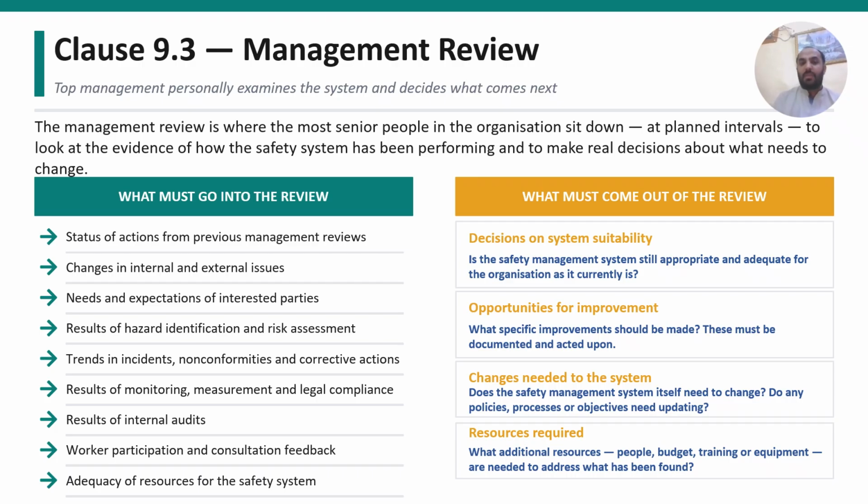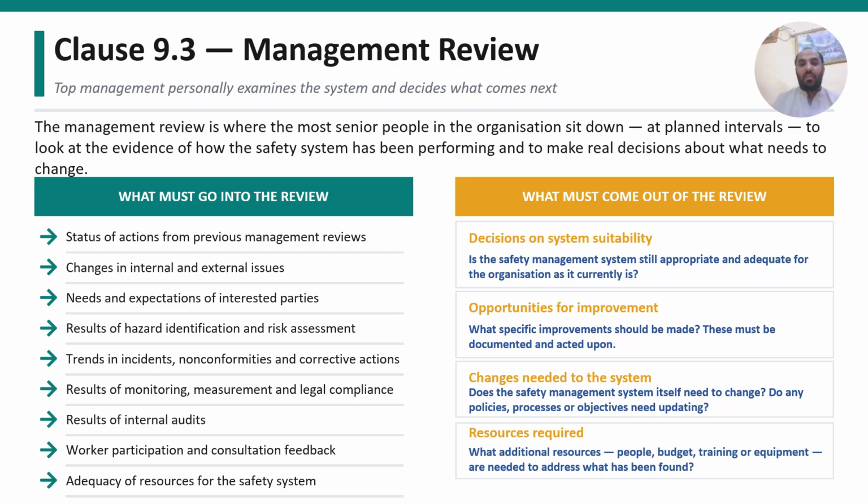It must also examine the results of monitoring, measurement, and compliance evaluation. It must also review the findings from internal audit. It should consider feedback from worker consultation and participation, and it must assess whether the resources available for the safety system are genuinely adequate. Now, all of that information goes into the review.